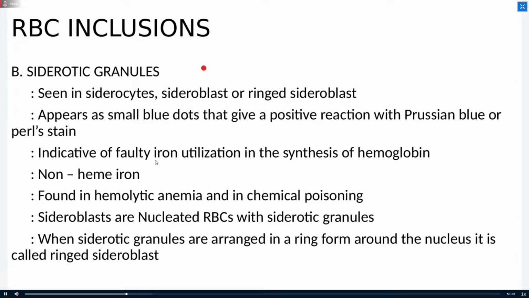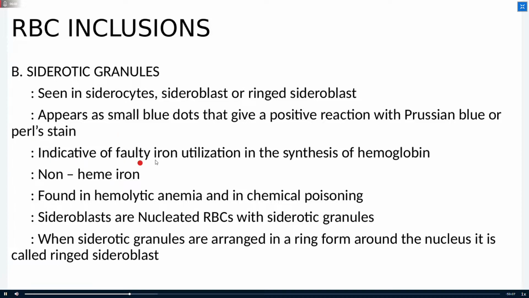Okay, another inclusion, class, would be your siderotic granules. Now, your siderotic granules, class, is usually seen in your siderocytes, sideroblasts, or ring sideroblasts. It appears as small blue dots that give a positive reaction with Prussian blue or pearls stain.